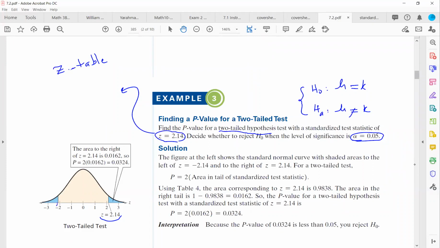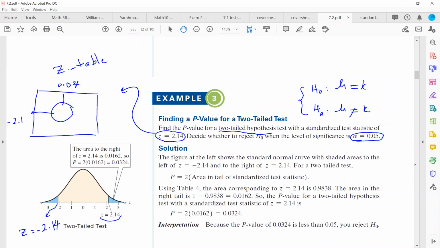So this z-value on the left-hand side is negative 2.14. Now you use your z-table to find the area that corresponds to negative 2.1, 0.04.